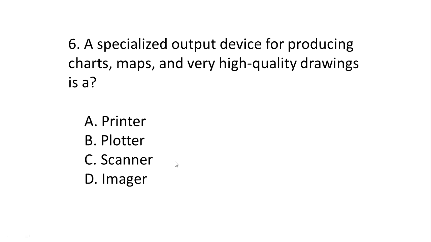Next question is, a specialized output device for producing charts, maps and very high quality drawing is a, option A printer, option B plotter, option C scanner, and option D imager.